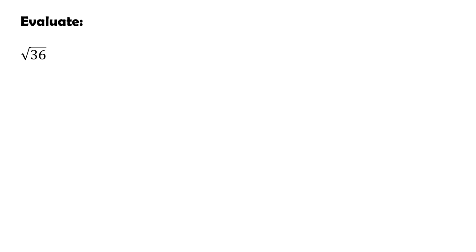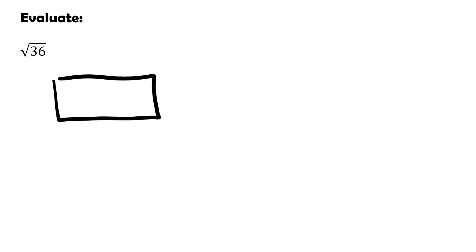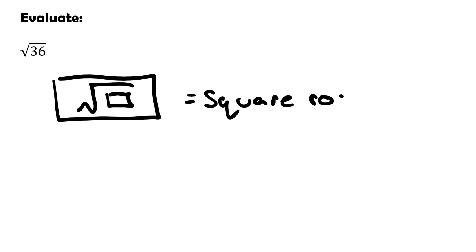We're going to evaluate the square root of 36. You can use a calculator to do this. If you're using a Casio, the button looks like this. That there is our square root button. All you need to do is press that button, put in 36, click equals, and it will come out with a number like that.